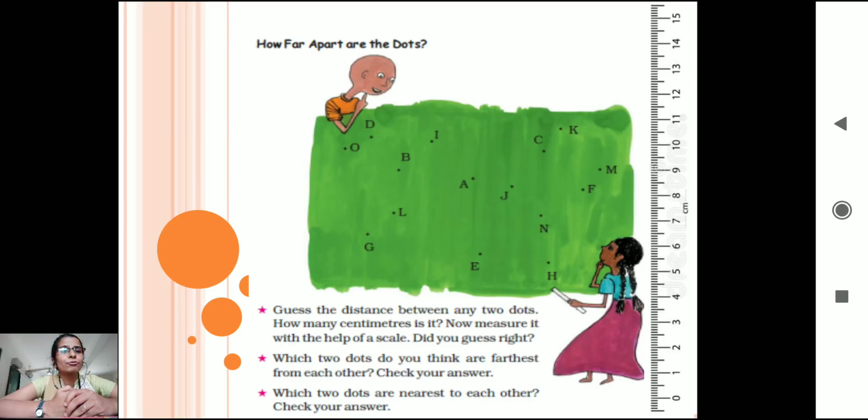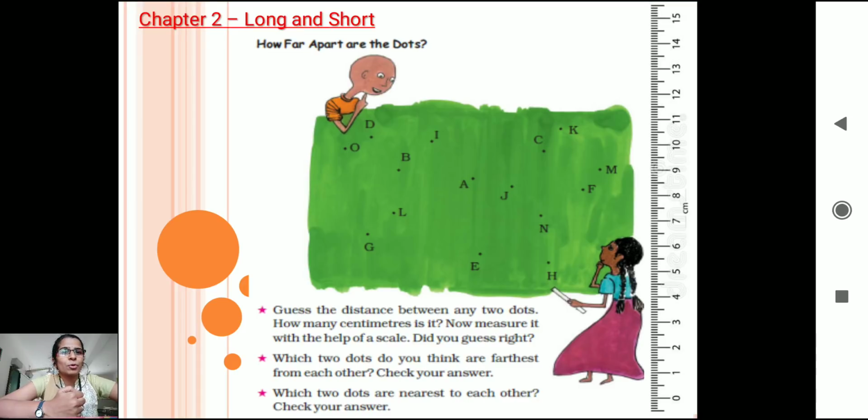Suppose I am calculating from A to B, then A to M, and A to C. Okay, so how long the distance is, which two dots are farther from each other or which are nearer to each other. So you would have understood that the chapter which we are going to learn is long and short.